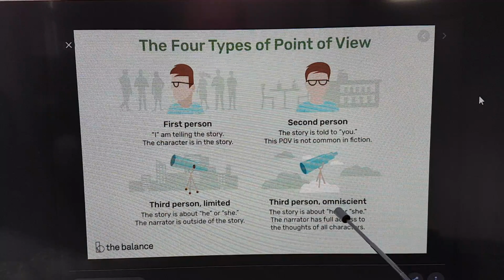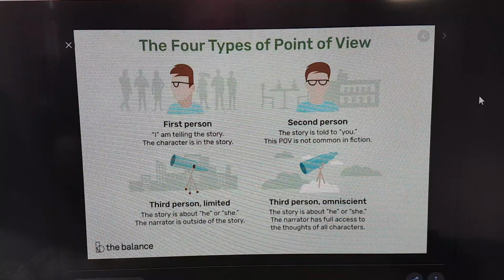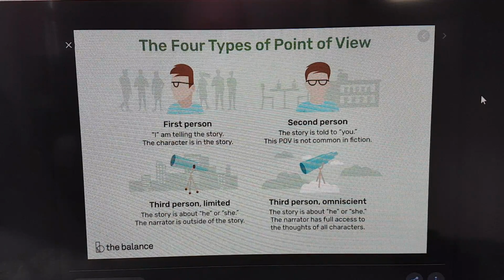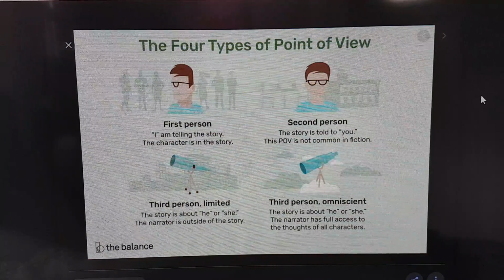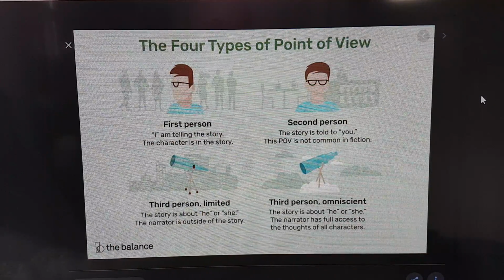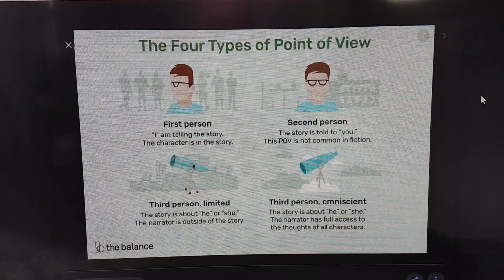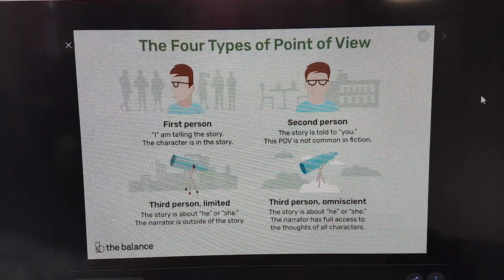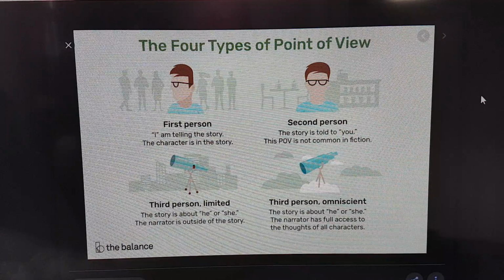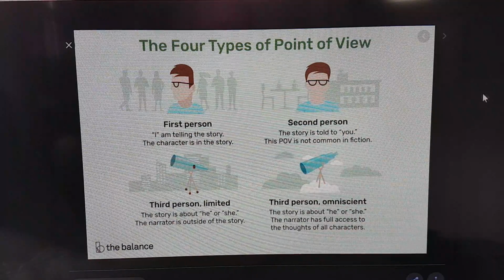An omniscient third person narrator has knowledge about every character's frame of mind and feelings and thoughts and ambiguities.